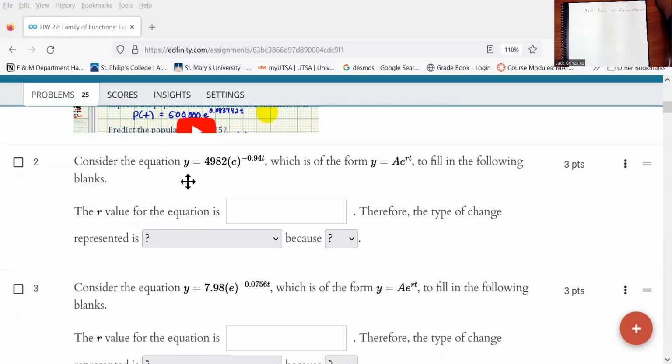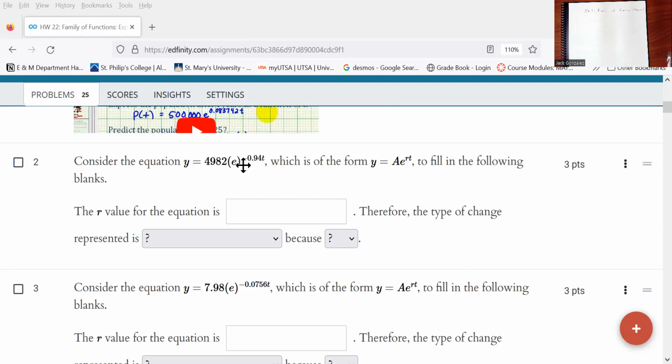Number 2. Consider this equation. Notice the power is negative. When you see a negative power, that means whatever we're talking about is no longer growing. It's decaying. Usually you see that with a famous common example like nuclear isotopes in chemistry, which decay over time, like plutonium.